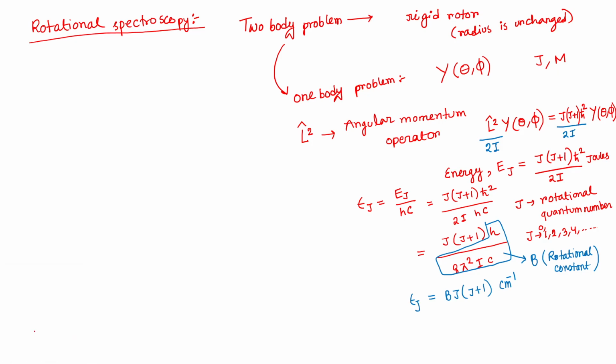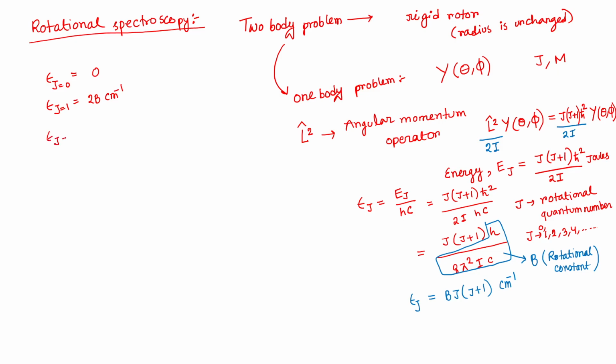Okay. Now, what is the difference between the energies? What is the energy of J equals 0? That is 0, right? What is the energy of J equals 1? If you put 1 into 2, that is going to be 2B centimeter inverse.